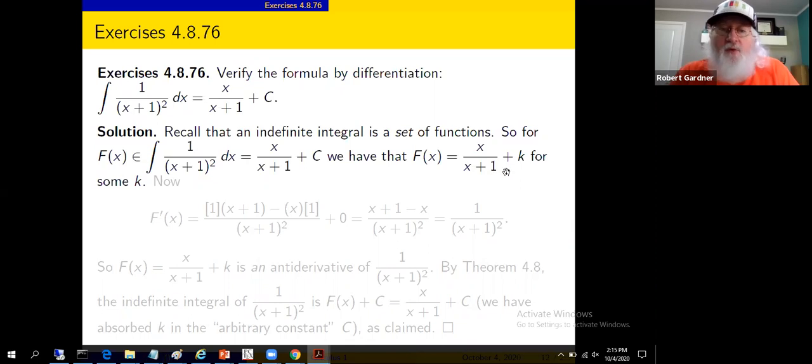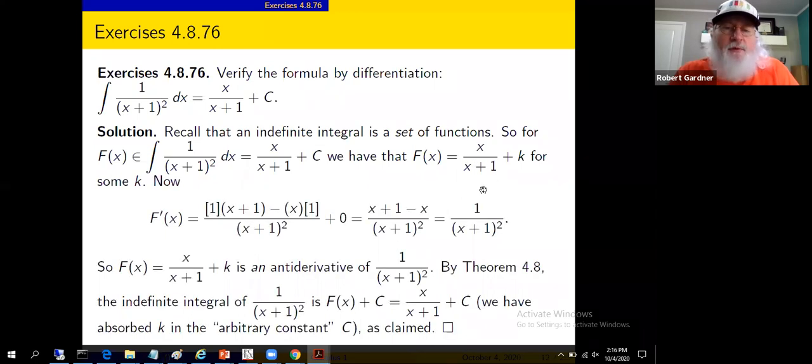It must be of that form. If we differentiate this and we get the integrand, then we've done it right. So differentiate this, no problem, it's a quotient. I'm good at differentiating. For that quotient, we'll have derivative of the numerator is 1, denominator x plus 1, minus numerator x, derivative of the denominator x plus 1, derivative is 1, over the denominator squared, plus the derivative of the constant k is 0.